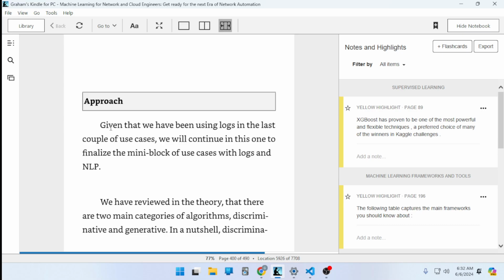Approach. Given that we have been using logs in the last couple of use cases, we will continue in this one to finalize the mini block of use cases with logs and NLP. We have reviewed in the theory that there are two main categories of algorithms: discriminative and generative.